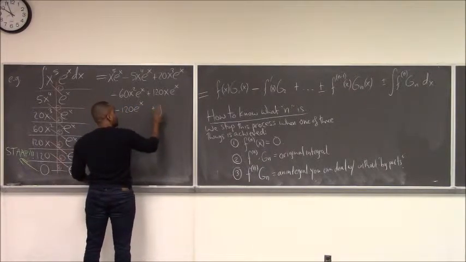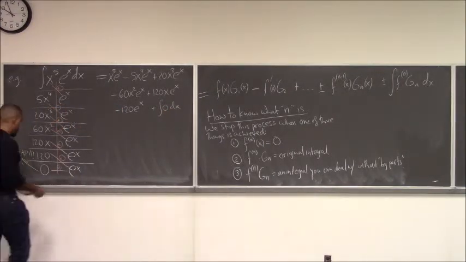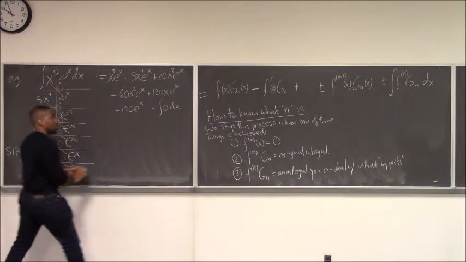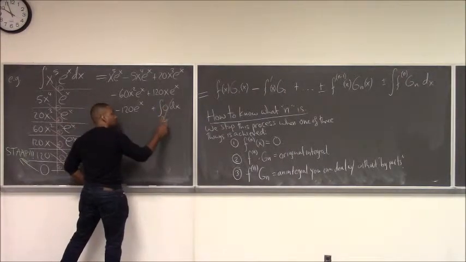Then we're going to have plus the integral of 0, which we know is just a constant. So this guy ends up being your plus c.